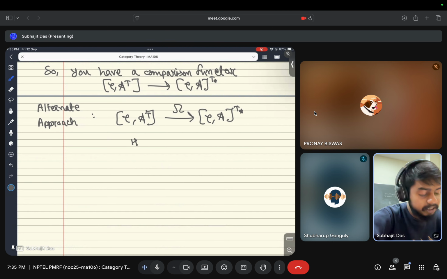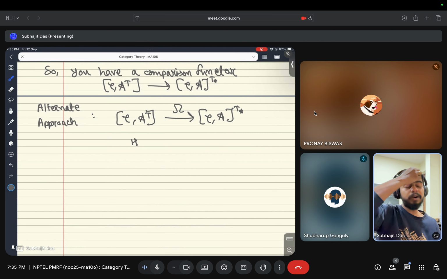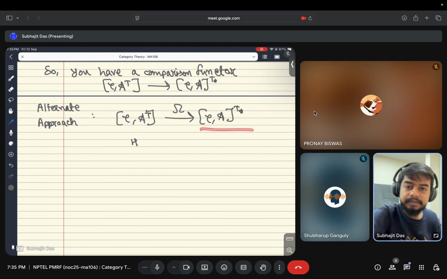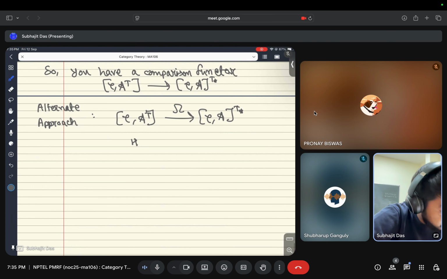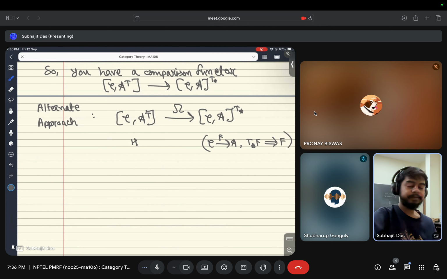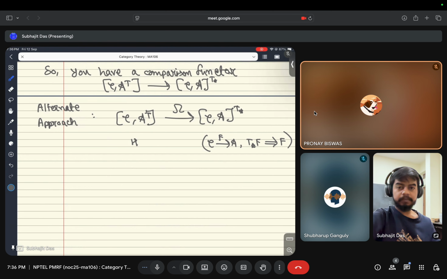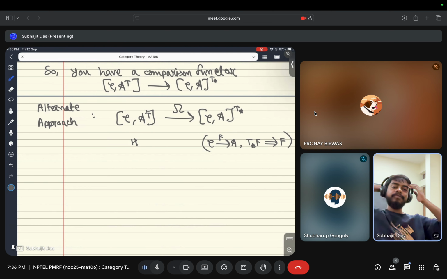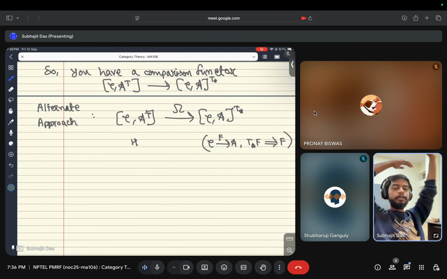An object here is a functor h from C to A power T. What we want really is an object in this Eilenberg-Moore category, which essentially consists of some functor C to A, let's just call this F, together with some natural transformation from T star F to F, right? Okay, yeah. So at least for the functor part, what can we say? What functor from C to A can we use?